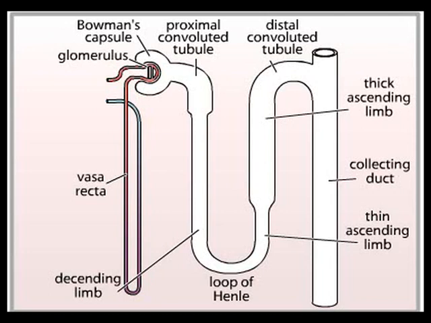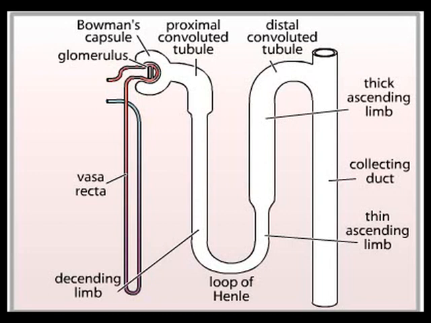The Bowman's capsule and its glomerulus are responsible for the first step of urine formation, that is the filtration of urine. As blood flows through the glomerulus, pressure forces water and smaller molecules out of the glomerular capillaries into the Bowman's capsule, and the basement membrane is the only layer of membrane between the capillary layer and the Bowman's space.